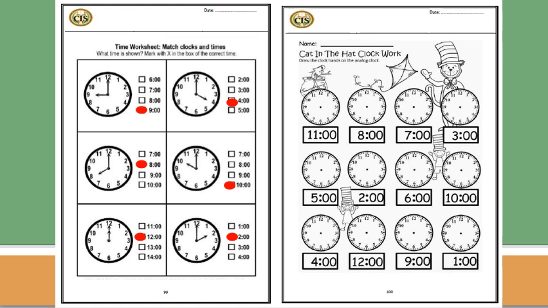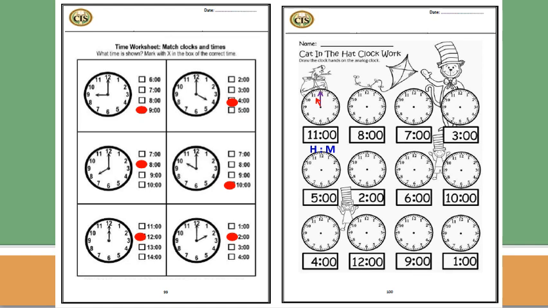Let's see. In the first clock here, it's 11:00. So here, 11 refers to what? For hours. And 00 refers to minutes. So the short hand here points to what? To 11. And the long hand points to 12.